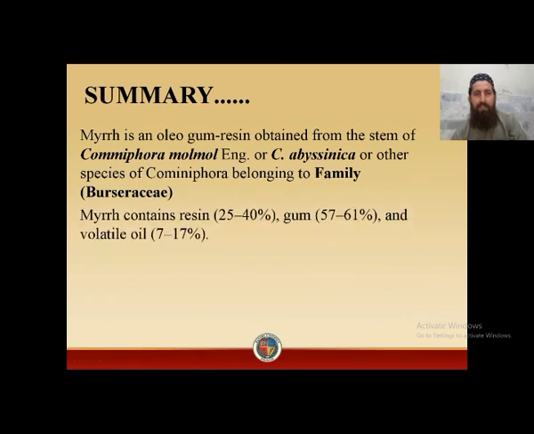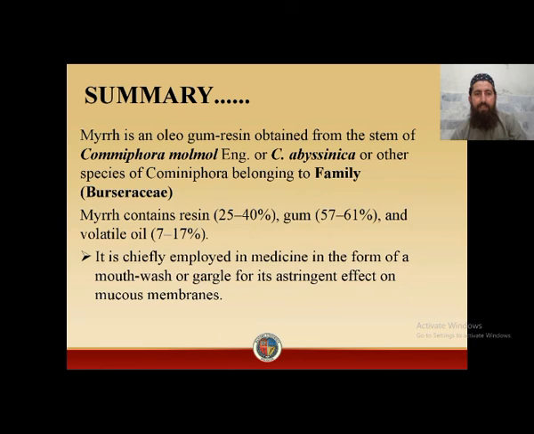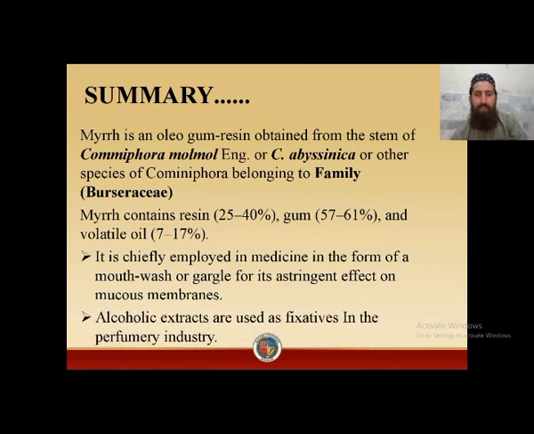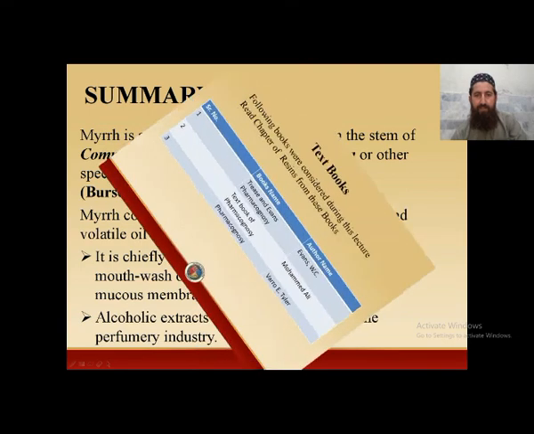Myrrh contains resin 25 to 40%, gum 57 to 61%, and volatile oil 7 to 17%. And myrrh is chiefly employed in medicine in the form of mouthwash or gargle for its astringent effect on mucous membrane. Alcoholic extracts are used as fixatives in the perfumery industry.